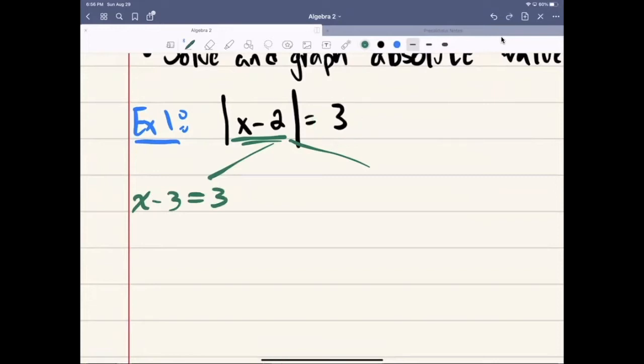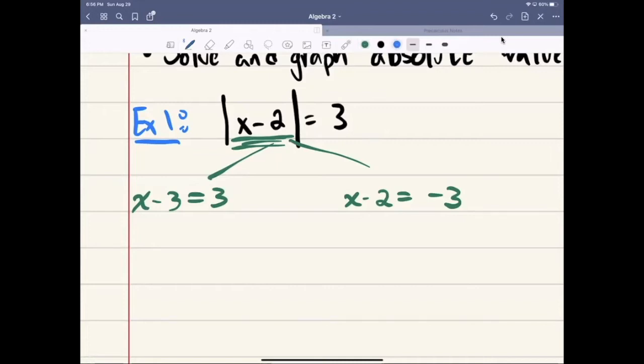But then you're going to rewrite this problem as x minus 2, equal to the negative version of this number, so -3. Now each absolute value problem turns into two problems, and all you have to do is solve each equation, and you should get two answers.